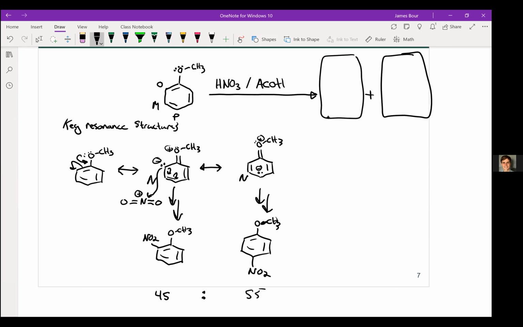So the para position is just a little bit more accessible to the reacting species. And so the two main products that we get, and this reaction is actually quite selective for these over the meta, are the para substituted and the ortho substituted products.